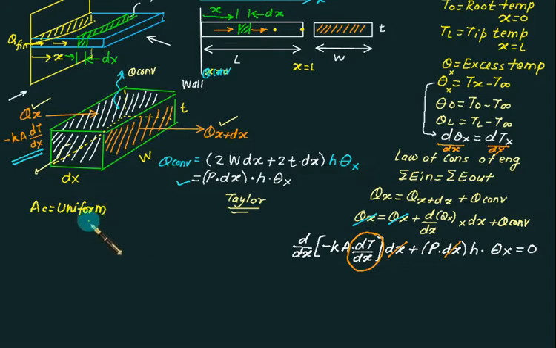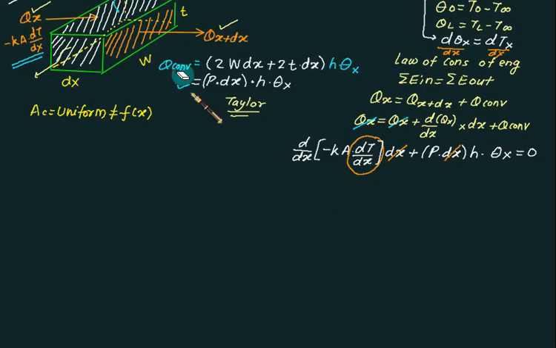Our differential equation is applicable for uniform cross section, so it's not a function of x, that's why we can take it outside. So we get minus k into AC, and this will become second order, d square theta by dx square, plus perimeter multiplied by h multiplied by theta equal to 0.